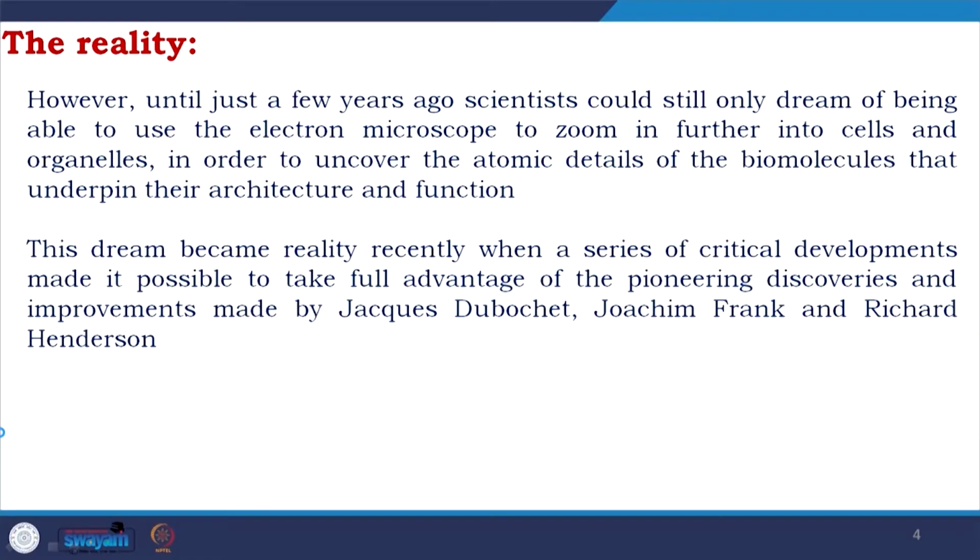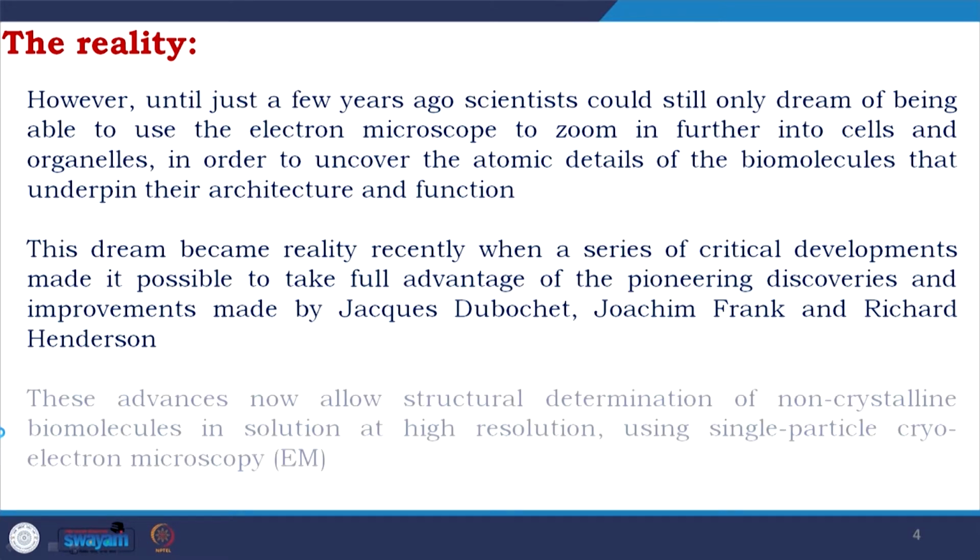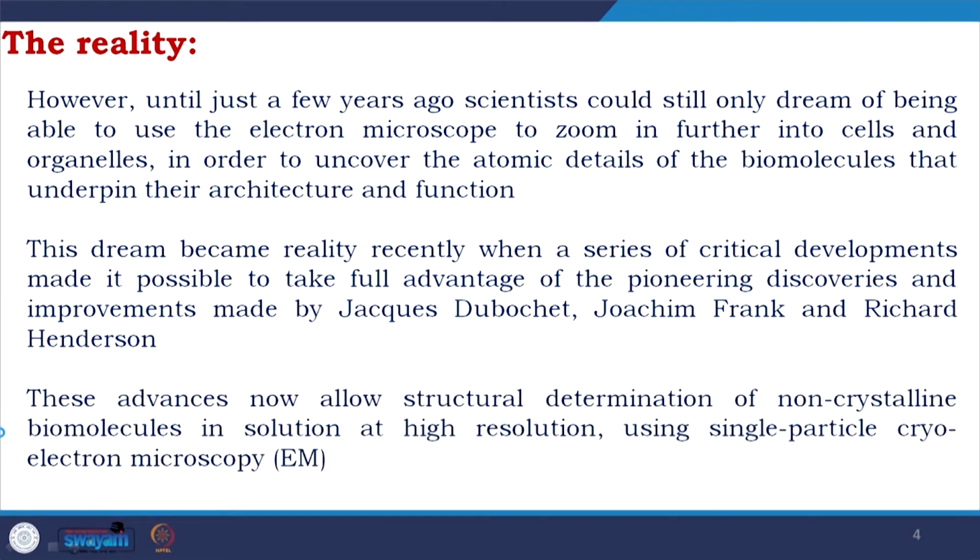This dream became reality recently, when a series of critical developments made it possible to take full advantage of the pioneering discoveries and improvements made by the Nobel laureates Jacques Dubochet, Joachim Frank and Richard Henderson. We talked about them, we will talk about them in further detail while going through the story.